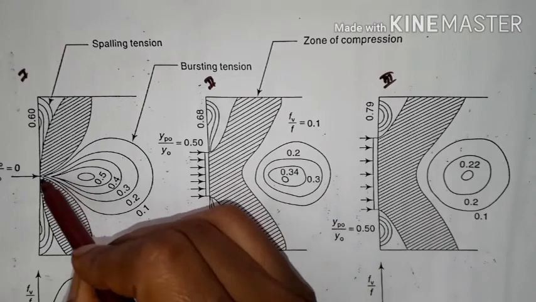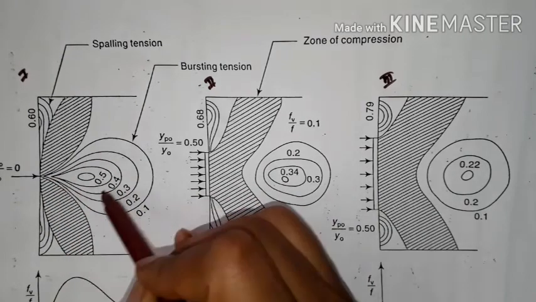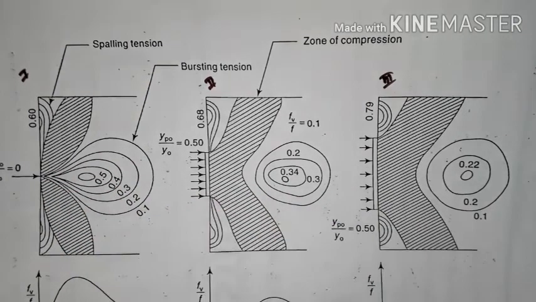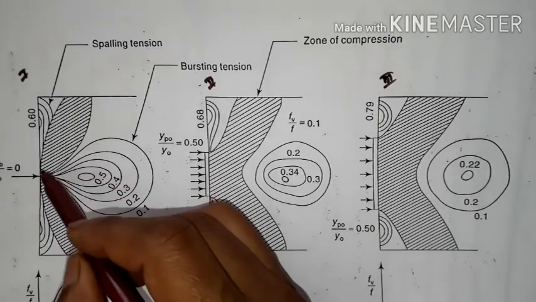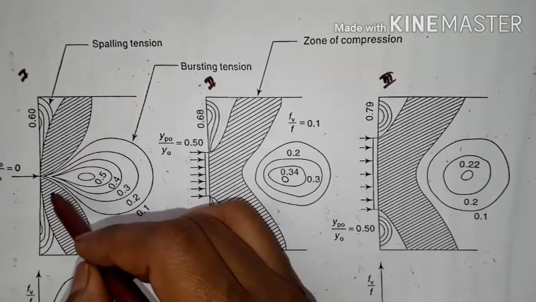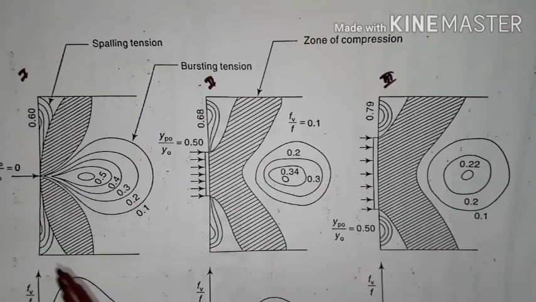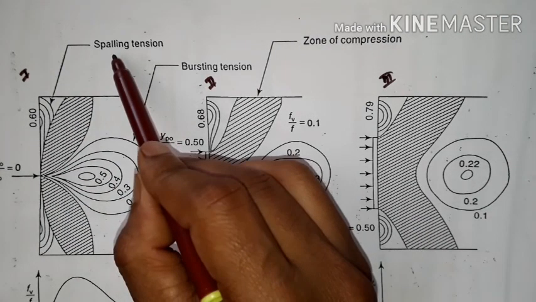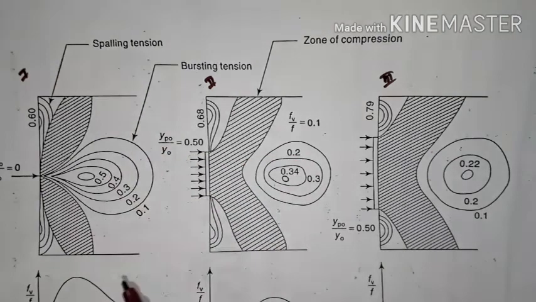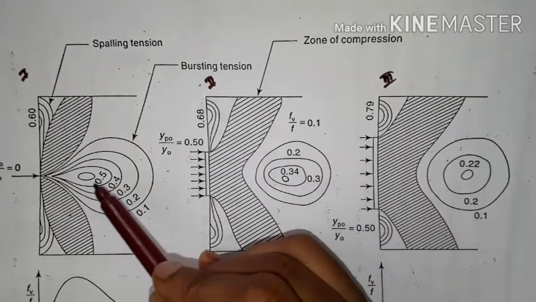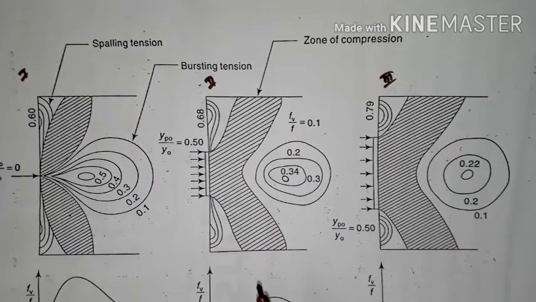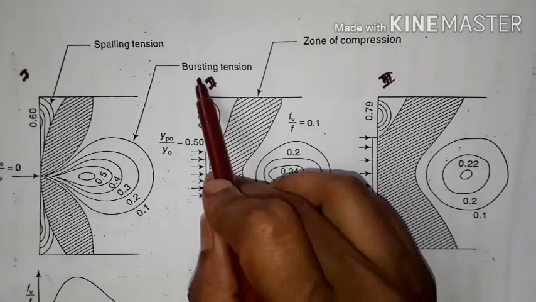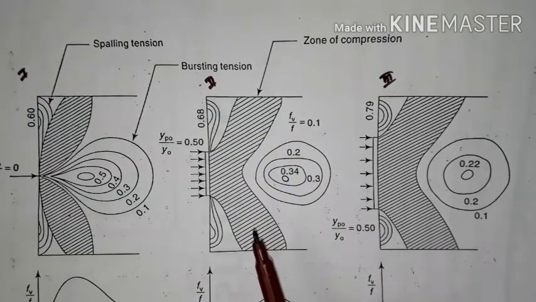So the force concentration is more here, the stress concentration is more because this is very near to the bearing plate or the anchorage system. Always the stress concentration will be more here. Because of this it is called spalling tension, and here we have more tensile stresses and the flow of force is also very high. That is called bursting tension, because it will try to burst the concrete. That's what is called bursting tension.